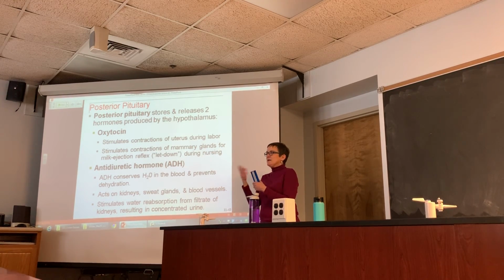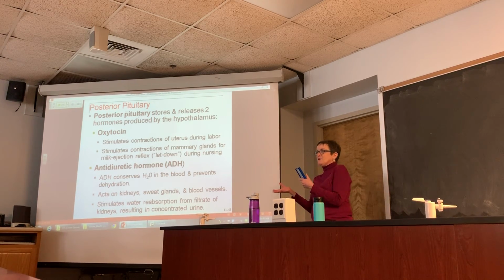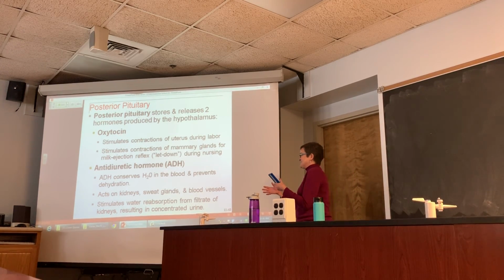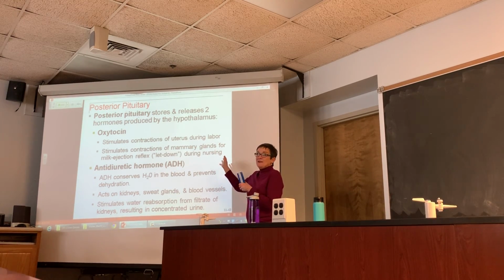However, as a woman adapts to the breastfeeding, that happens faster. In some cases, just the sound of a baby crying initiates milk letdown. If a woman's got full breasts and then she hears a baby cry, suddenly she's releasing milk, which is why you want to wear pads in your bra when you're breastfeeding, just in case that happens. But anyway, that's controlled by oxytocin.